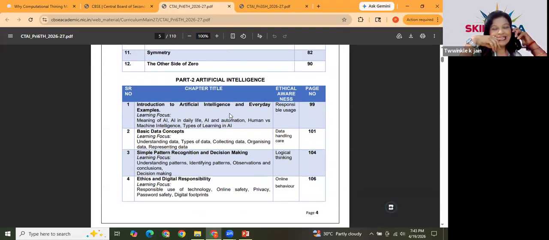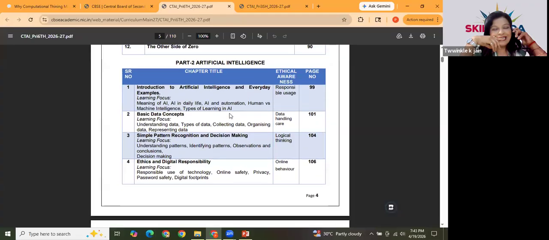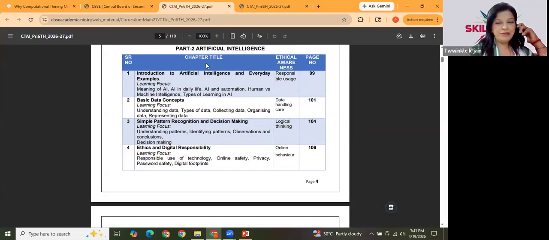Based on that, computational thinking questions and competency-based questions are also given. Next, artificial intelligence. Teachers who have already handled it, as one of the teachers asked, for 6 to 8, what is to be done. It is a part, not completely an AI subject. It is going to be CT plus AI. In this AI, there are very limited concepts: the basic data concepts of artificial intelligence and how to collect the data.